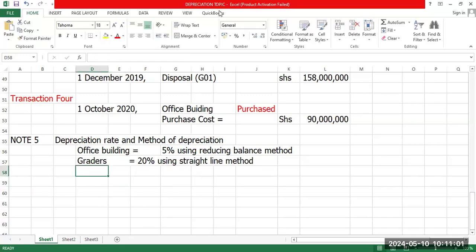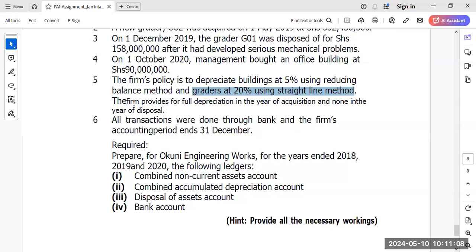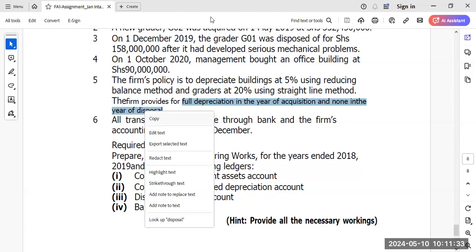Okay. Then next, they are also telling you that the firm provides for full depreciation in the year of acquisition. That's where I started from. The firm provides for full depreciation in the year of purchase, and none in the year of disposal. So we have the basis of depreciation.